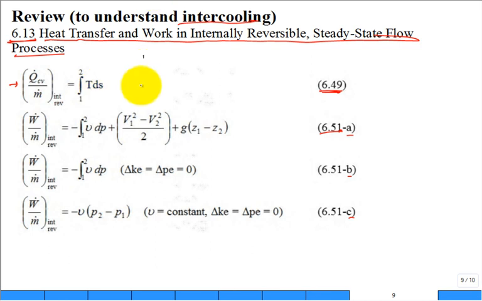When you plotted a temperature entropy diagram and you had a process that went from state 1 to state 2, with a solid line indicating the path of the process, visually the area under the curve on a TS diagram was equal to q, the rate of heat transfer per rate of mass transfer through that device. Integral TdS is equal to Q dot over m dot. That's assuming that this solid line is an internally reversible process going from state 1 to state 2. Make sense? Little review there.